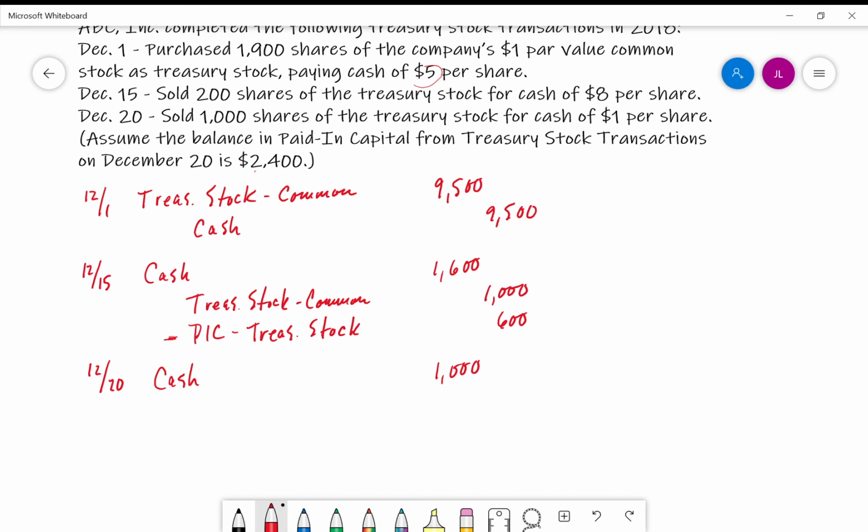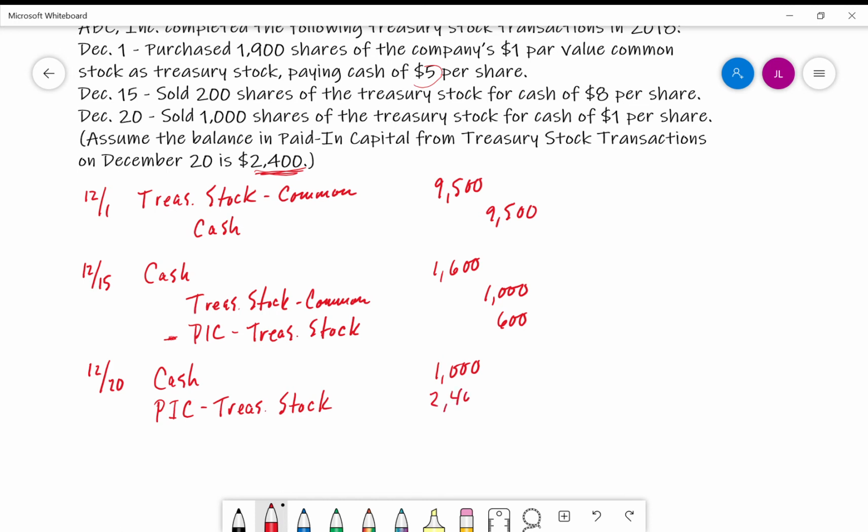However, since we only have the $2,400 in our paid-in capital account, that's all we can debit this amount for. So essentially, we have to debit our paid-in capital for Treasury stock. And remember, we can only do this up to the amount we had in Treasury stock and the balance that was originally there.